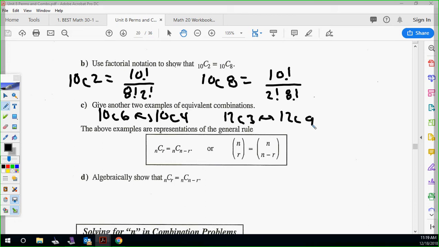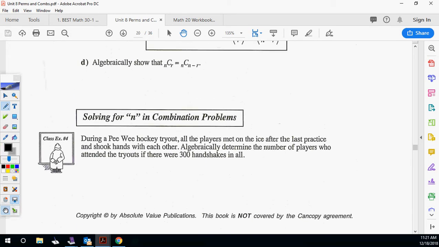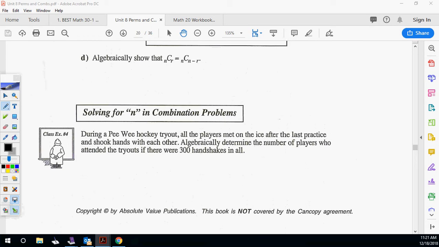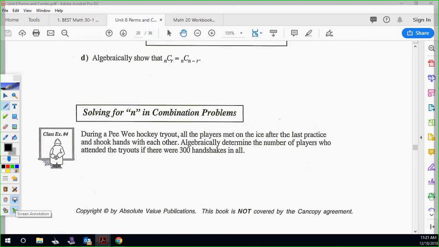All right, so they're just going to show you a little proof here. I'll show it to you. For D. It's going to be ugly because there's going to be a lot of letters, so don't freak out. All right, so nCr equals n factorial over (n minus r) factorial r factorial. We'll leave that there.